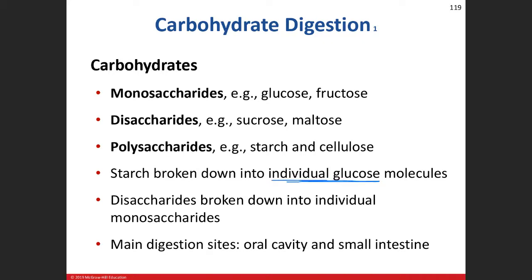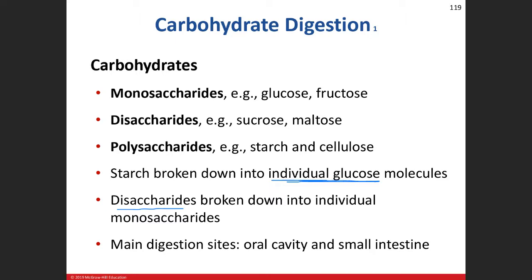Essentially, your body will do that when it's breaking down glycogen. Similar, not the same. We're going to pick off individual glucose molecules, and then we can use glucose for ATP production. When we talk about disaccharides, that's just two monosaccharides, so we're going to break the disaccharide down into each of the individual monosaccharides.